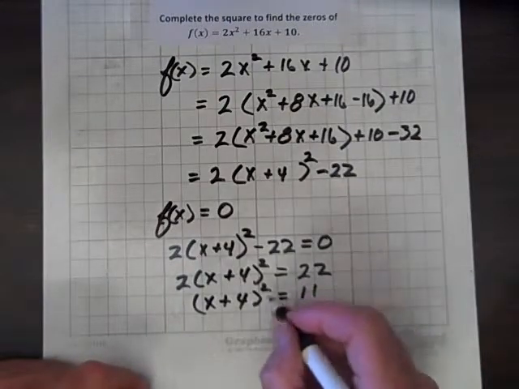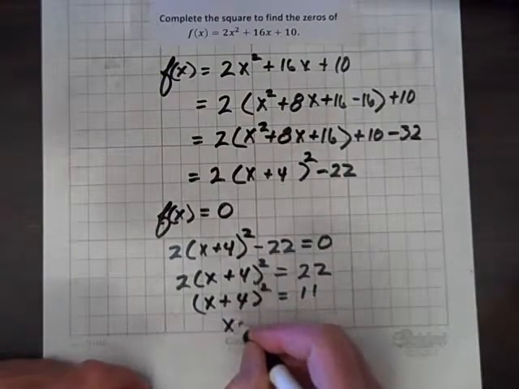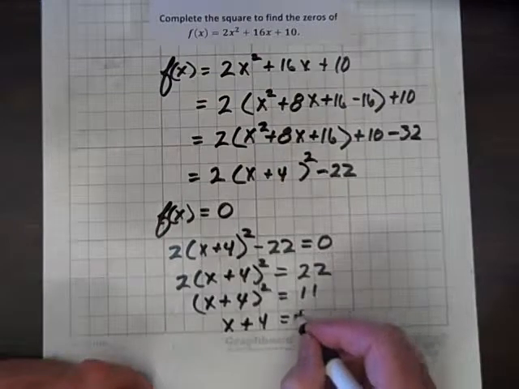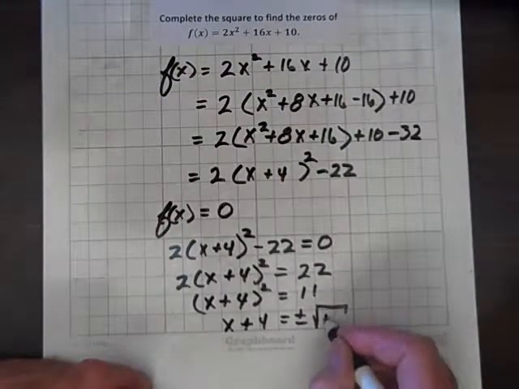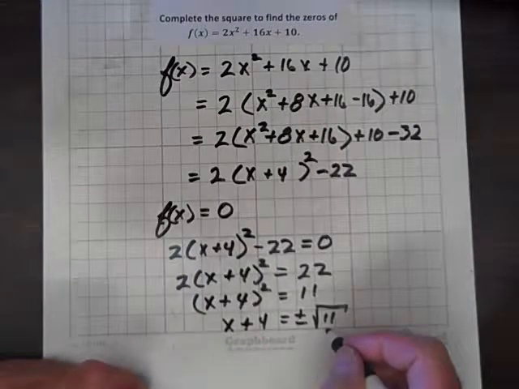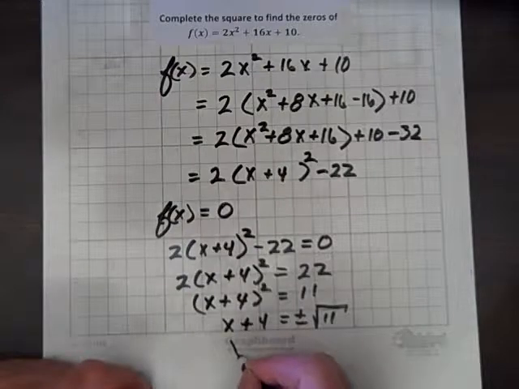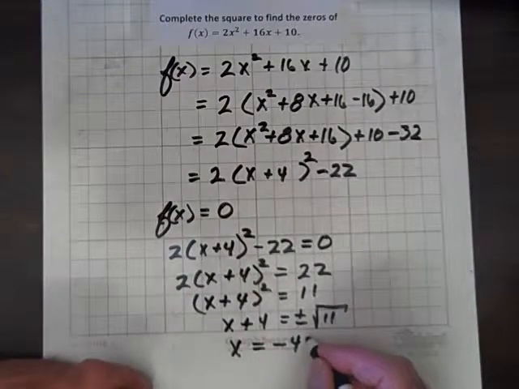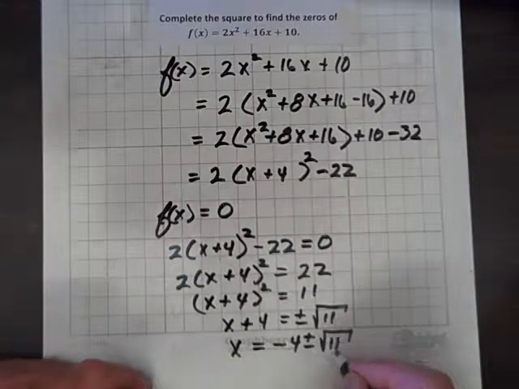So now, by the square root property, we can take the square root of both sides, and what we get is x plus 4 equals plus or minus root 11. And finally, to find the zeros, we'll subtract 4 from both sides, so x equals minus 4 plus or minus root 11.